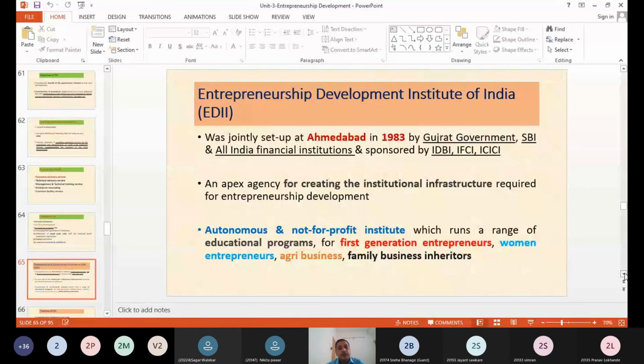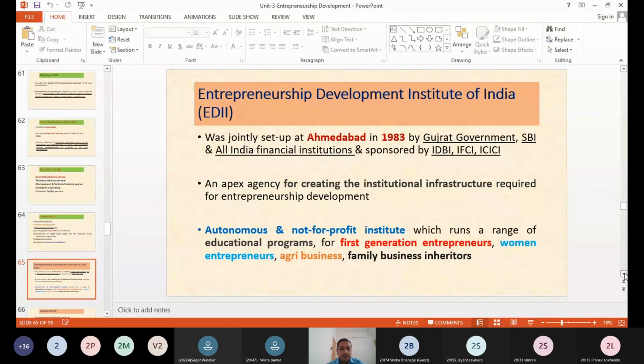Going further, we have Entrepreneurship Development Institute of India, that is EDII. So EDII was jointly set up in Ahmedabad in 1983 by Gujarat government, SBI, and all India financial institutions, and sponsored by IDBI, IFCI, and ICICI.